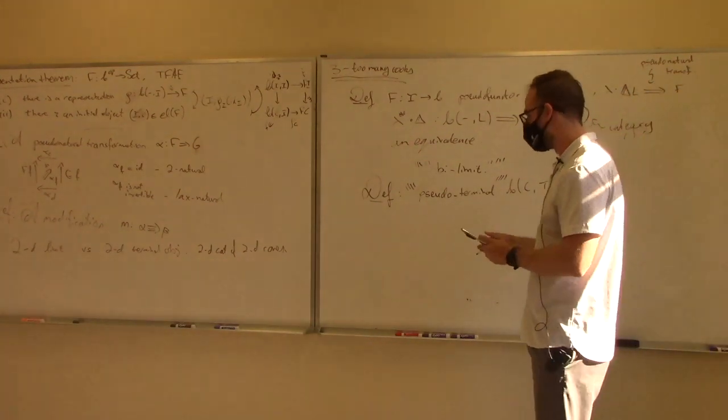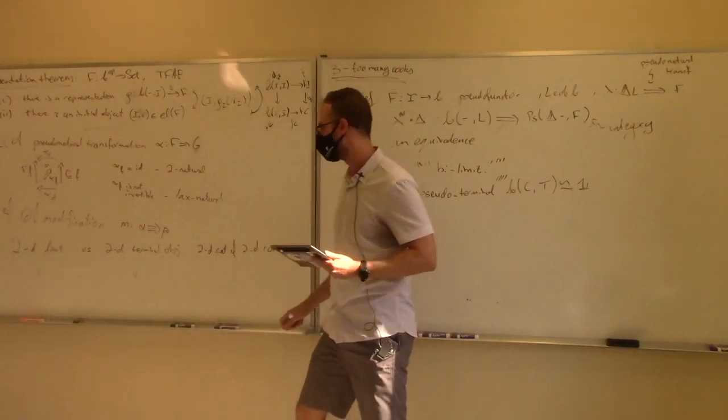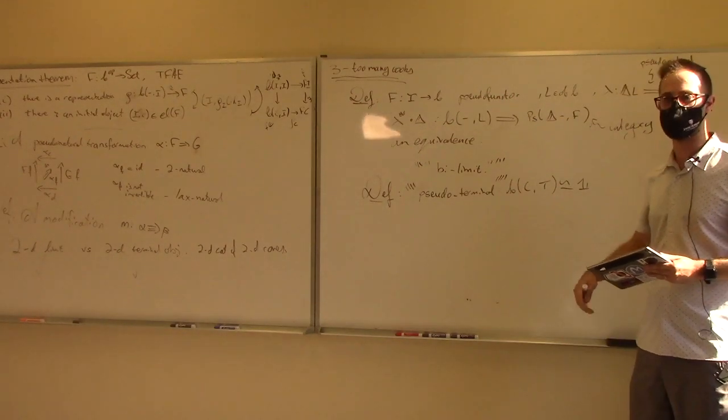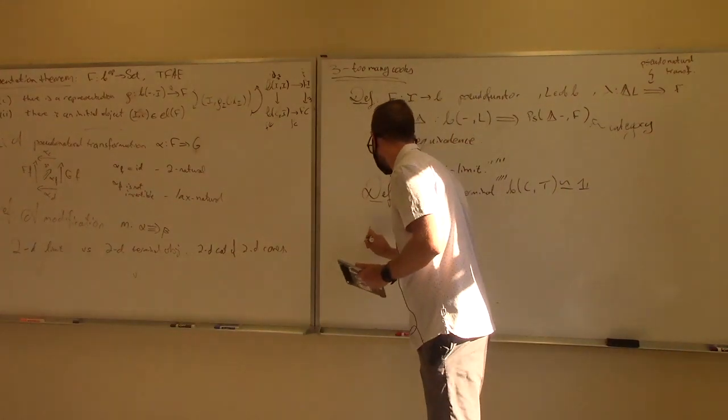Okay, and then the last thing we need to work out, so that's this thingy over here that I've said, is what the 2D category of two-dimensional cones is. And again, we have an abundance of choices.